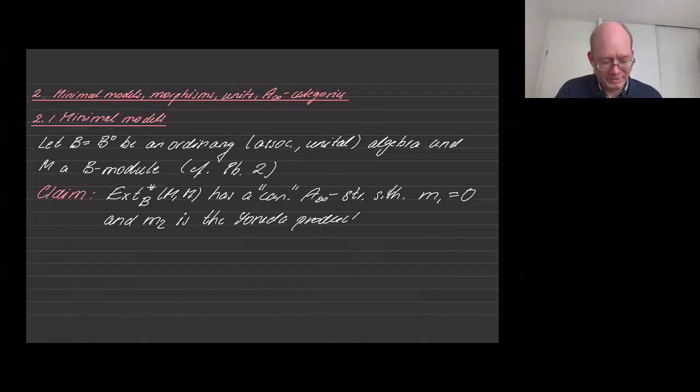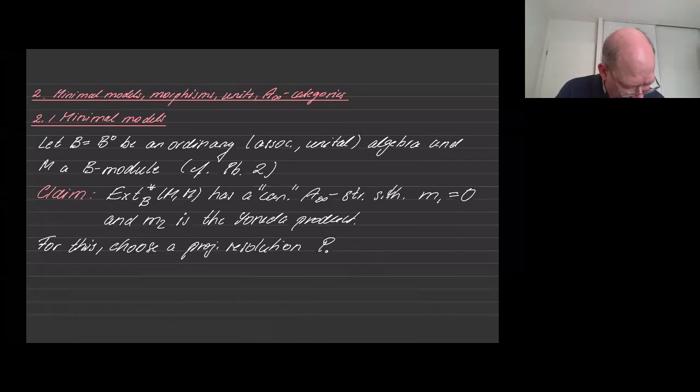To see this, let's first recall one of the possible definitions of this Yoneda algebra. We choose a projective resolution of M: a complex P, right bounded and quasi-isomorphic to M, concentrated in degree 0. And then we consider the differential graded endomorphism algebra.